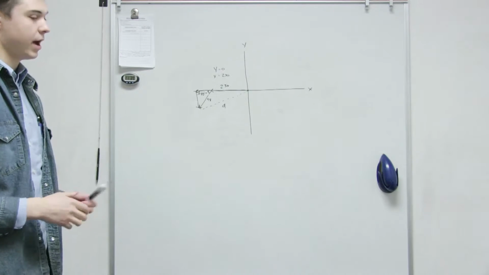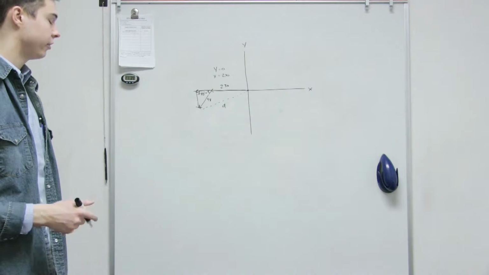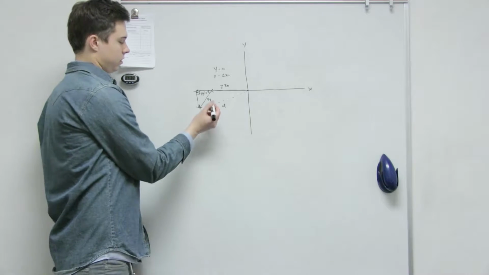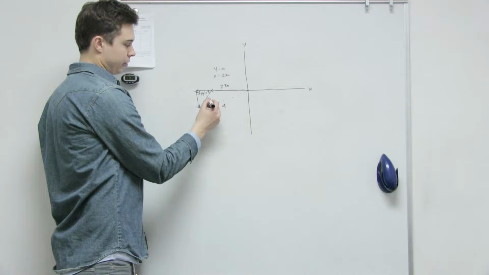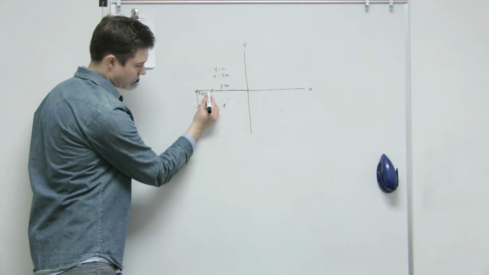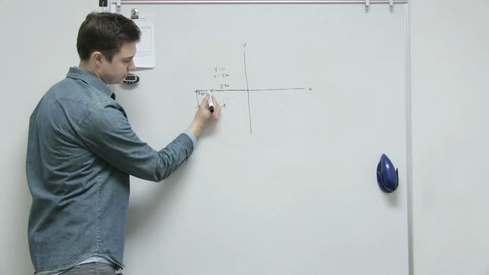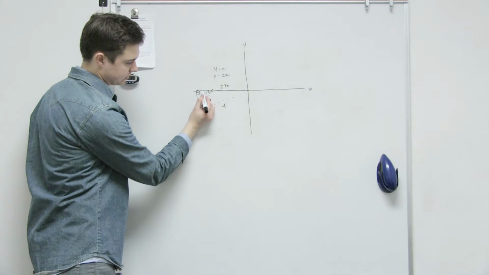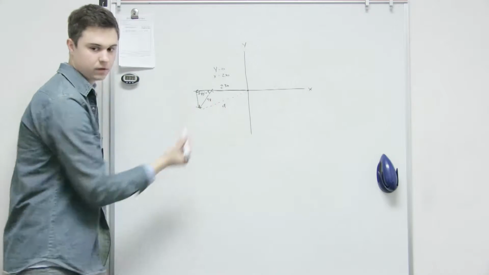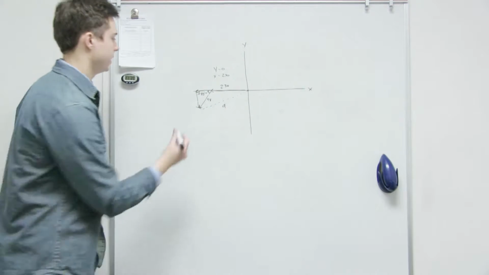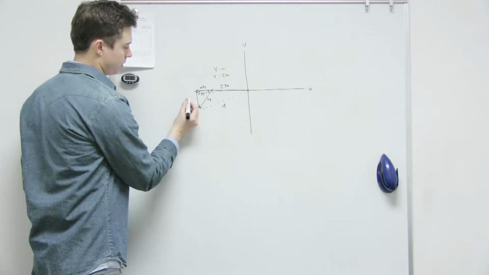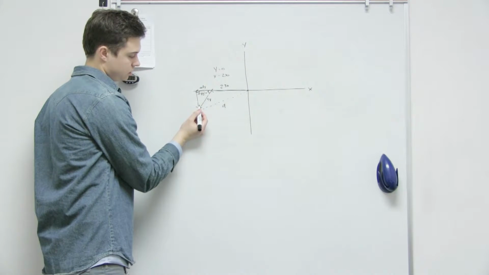The way that we can do that is with some SOHCAHTOA magic. We know this angle is 45 degrees. We know the hypotenuse is 98. Relative to this angle, what do we call this side of the triangle? Adjacent. Adjacent, good. So here's our adjacent side, and this guy is called opposite.